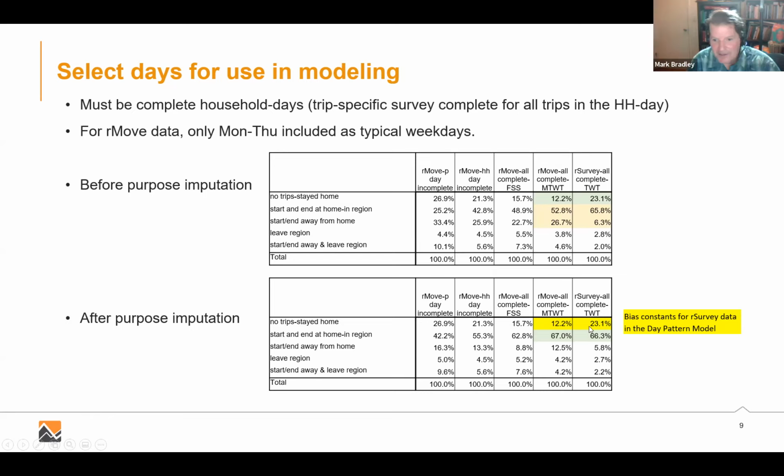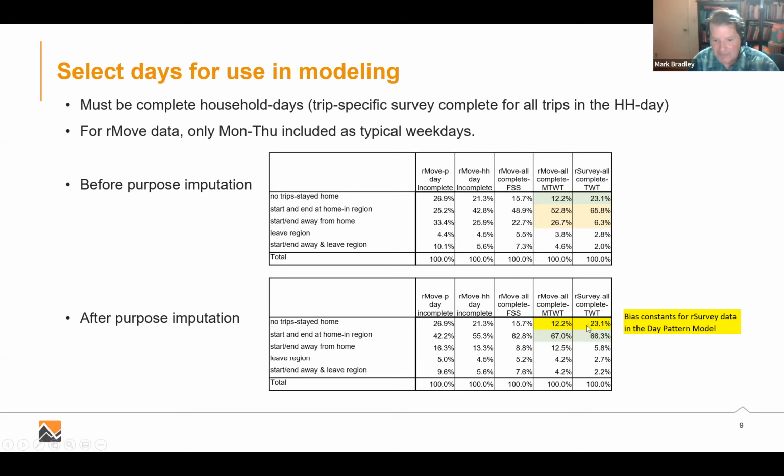But as you see, this is unweighted data, and there still are a lot more days where people stayed home in the diary data. The smartphone says only 12% of people stayed home all day on Monday through Thursday, whereas in the diary data we got 23% making no trips.